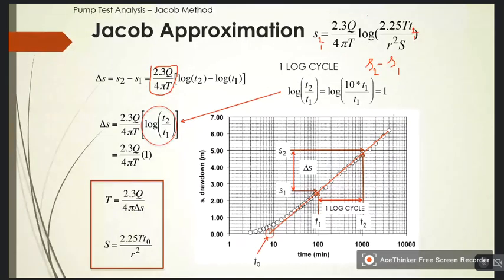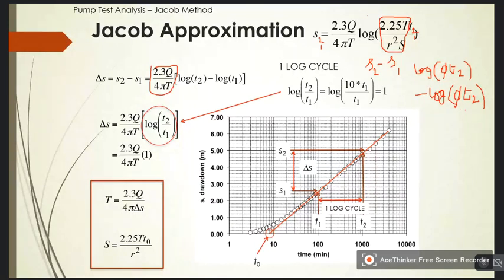When you are dividing, I can write this as log of something constant and then minus log of something.